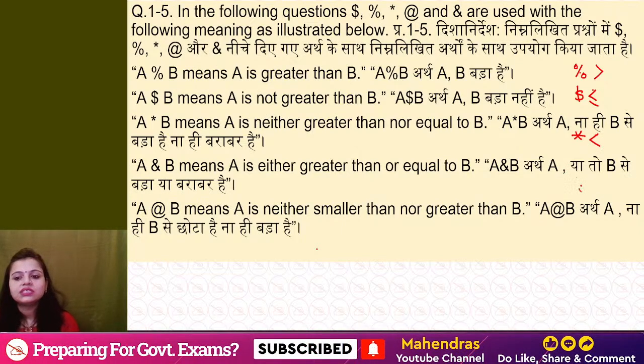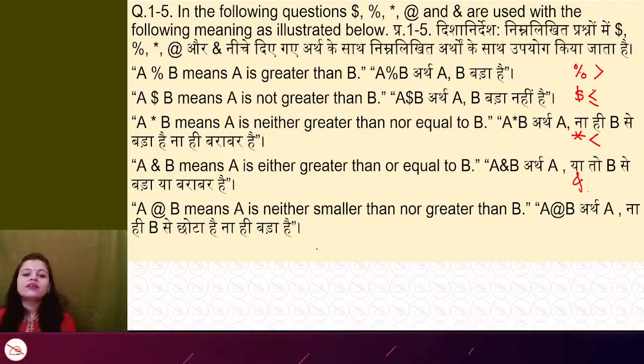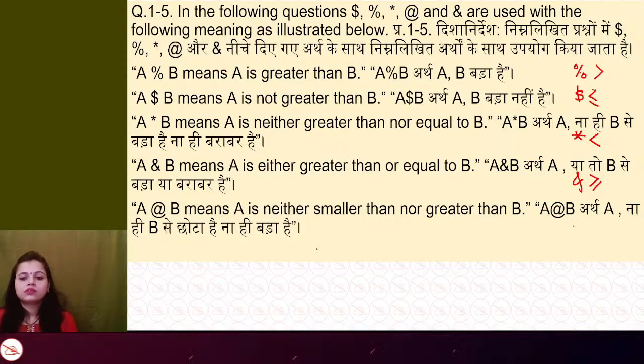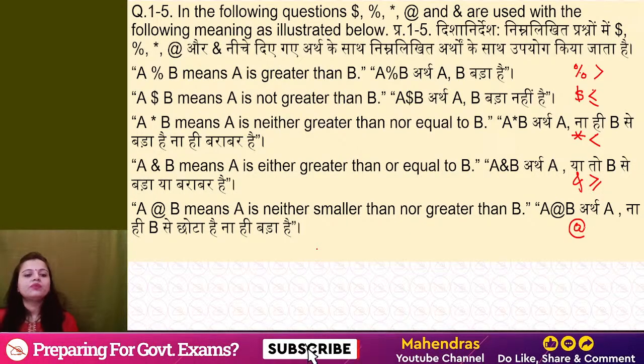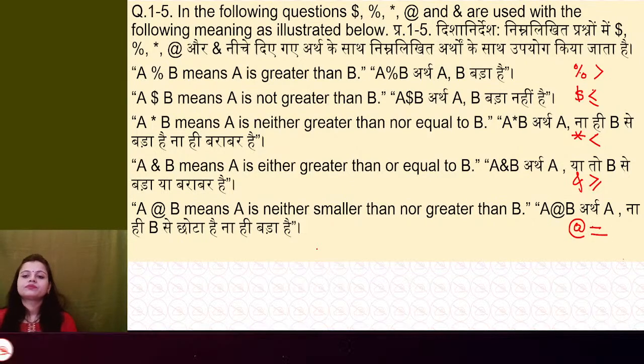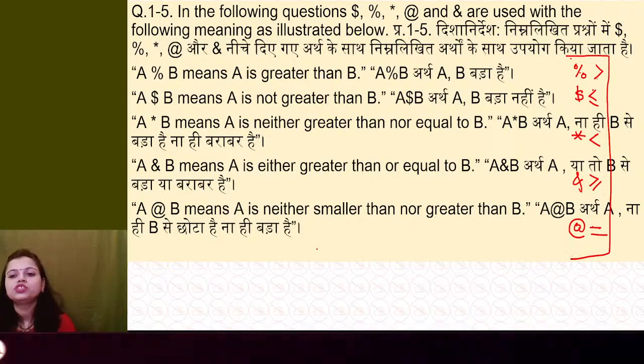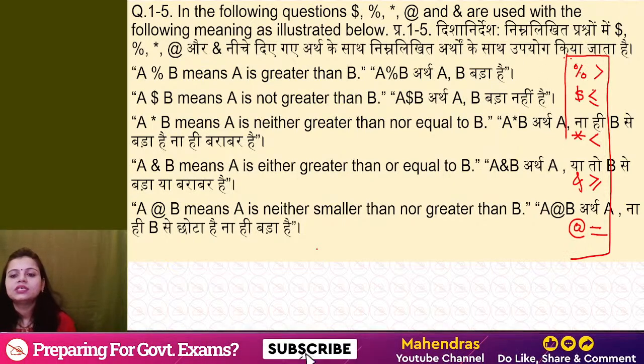And means either greater than or equal to. So, and means greater or equal. At the rate means neither smaller nor greater. That means equal. So first just you have to write the shortcut of these signs.